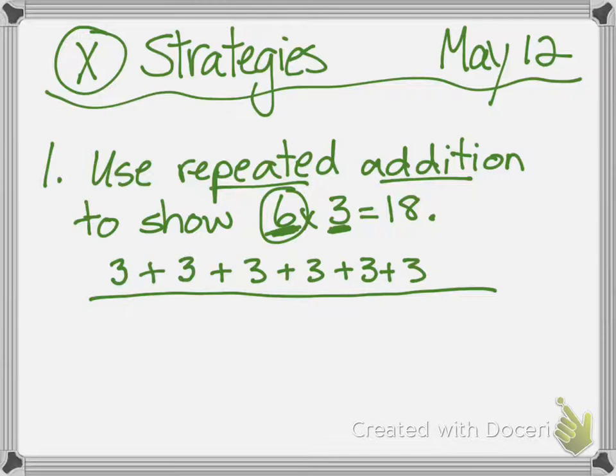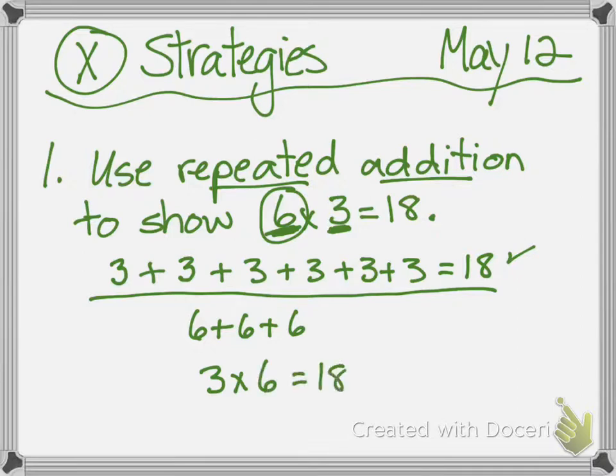So count that out. Make sure you have 6 threes. And at the end, you should have your answer. So give yourself a check mark if you got that right. Okay. If you did this, 6 plus 6 plus 6, then you actually showed me 3 groups of 6.